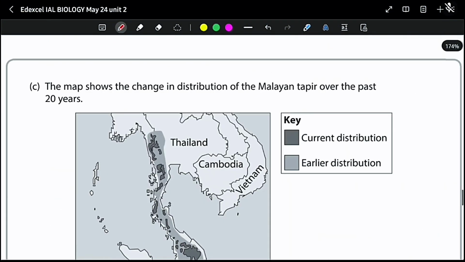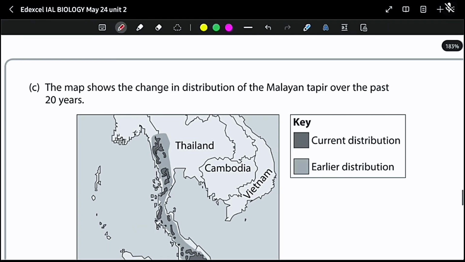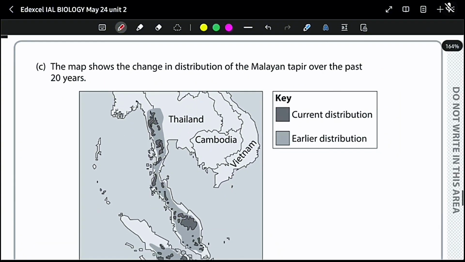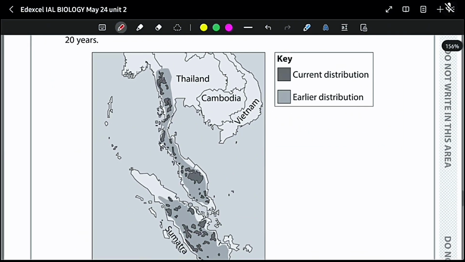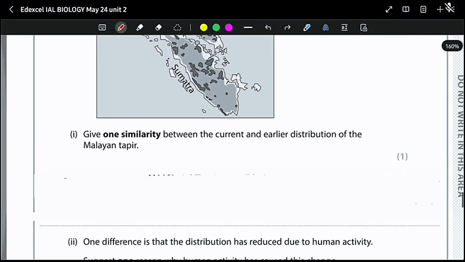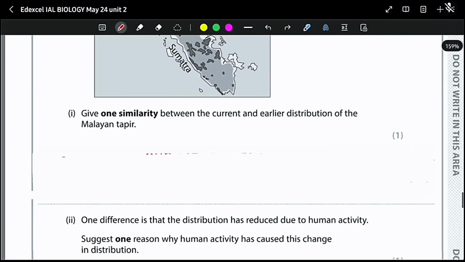Next question. C. The map shows the changes in the distribution of the Malayan tapir over the past 20 years. Here we see the map, the current distribution in the darker areas and the earlier distribution in the lighter areas. Give one similarity between the current and earlier distribution.